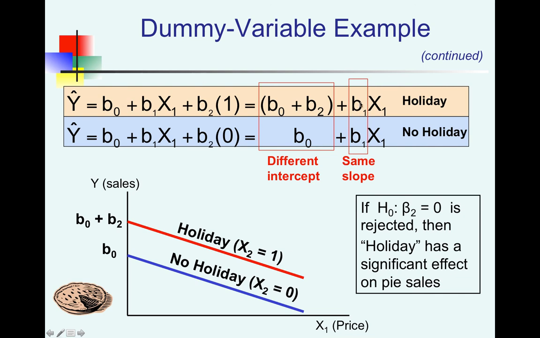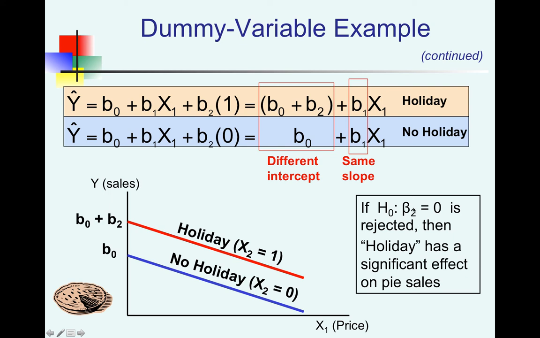The same slope applies, but my y-intercept effectively increases, or might decrease if it's negative. When there's no holiday, I'm multiplying by 0, so that term disappears and I'm left with the same slope and the same intercept that I had before. Just like with any independent variable, I would want to test the hypothesis to see whether the slope is significant.